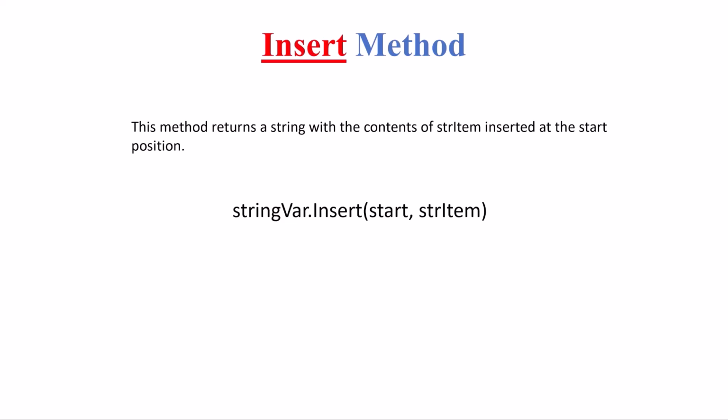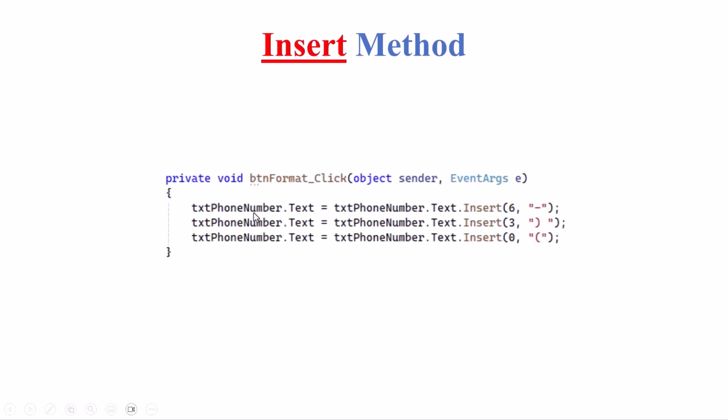We're looking at the insert method right now. You can see it basically takes the string var, and you say insert, and you tell where to start, and then what you actually want to put there. So it's very straightforward. You can put a series of characters in, or one character in, whatever you want. The end result is you use something like this. You have the telephone number text, and you insert in position 6 a dash, insert a parentheses and a space in the third position, and insert in the 0 position, the very first one, the starting parentheses.